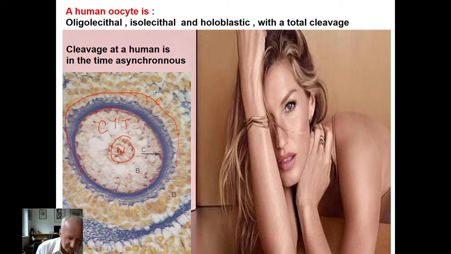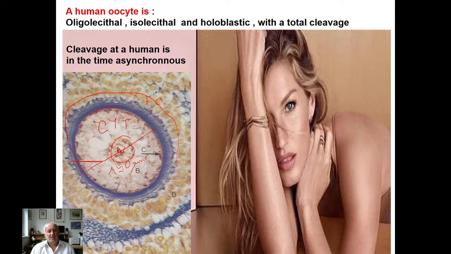In the moment of ovulation, the oocyte is around 150 micrometers on average. So once more, for the last time: the oocyte is oligolecithal, with a little amount of cell inclusions.